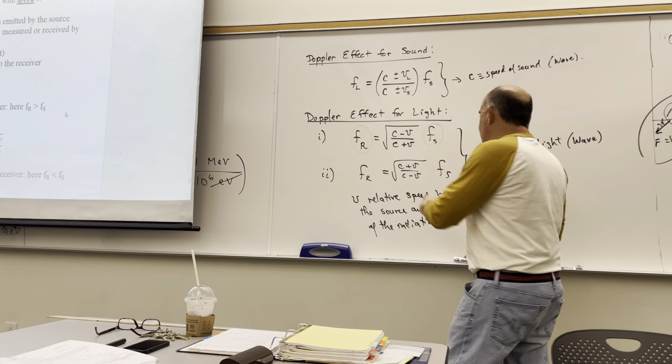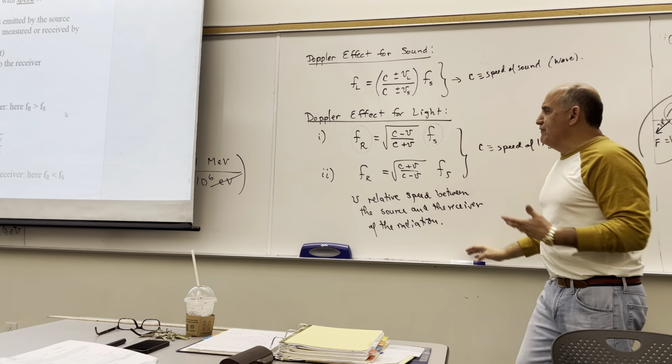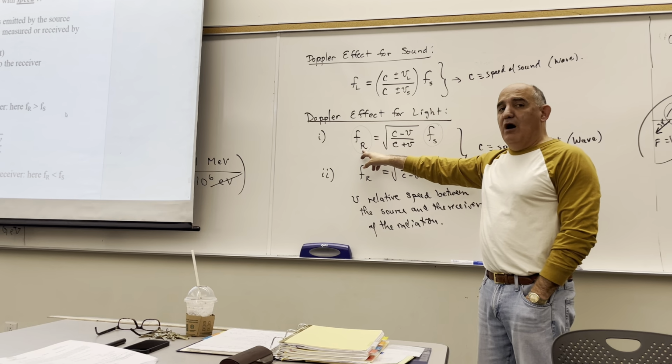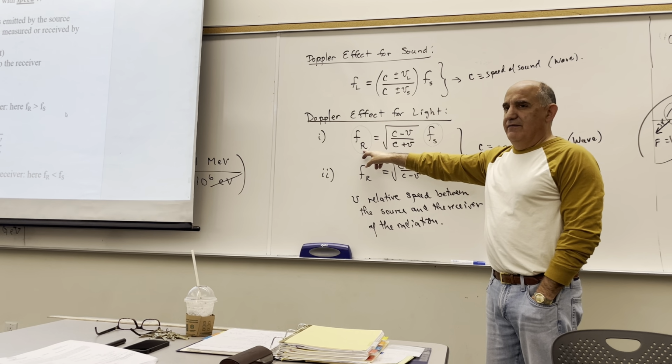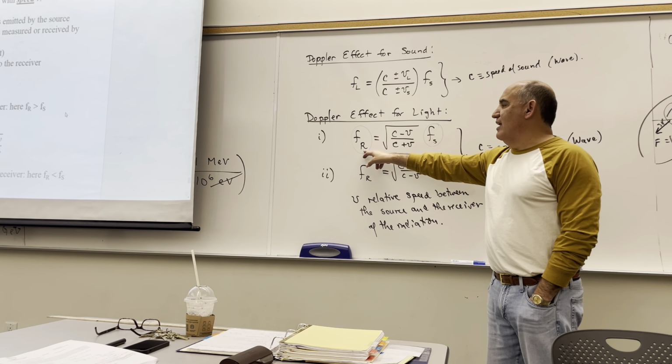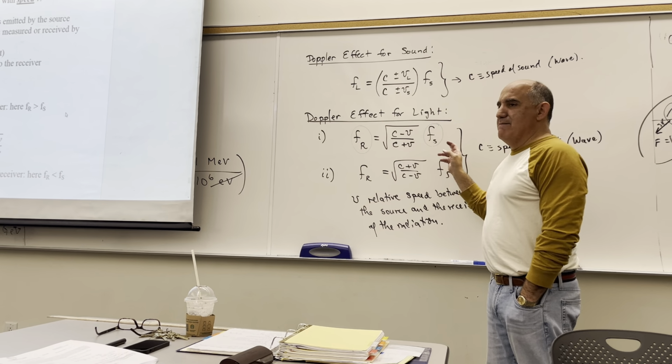So in this case, if the frequency that you pick up is smaller than the frequency of the light that is being emitted, would a smaller frequency take you towards the red end of the visible spectrum, or towards the blue or violet end? Lower frequencies, would it be red or blue? Red.